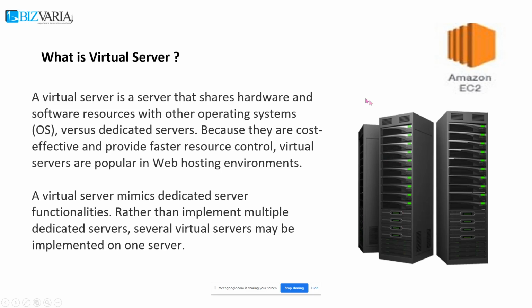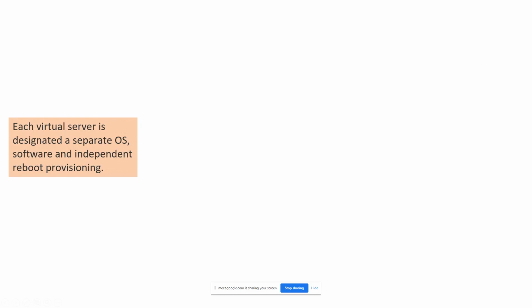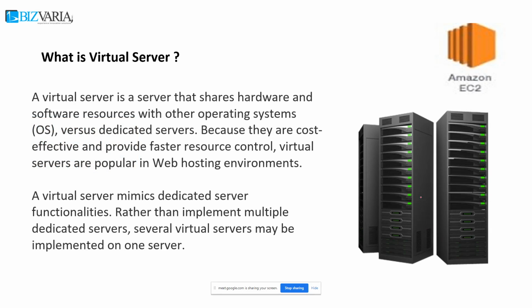For example, this server has a capacity of, let's say, 20 CPUs and 500 gigabytes of RAM.